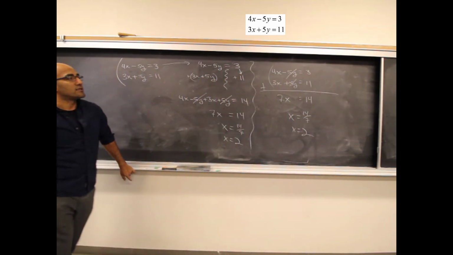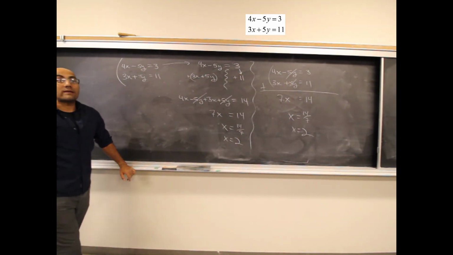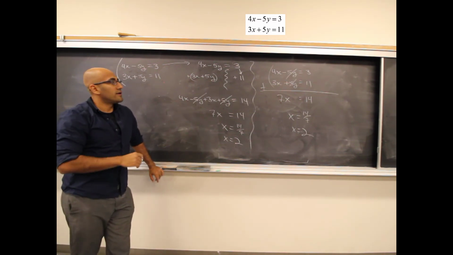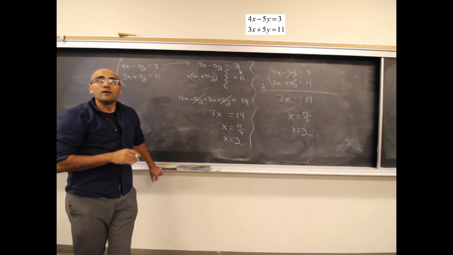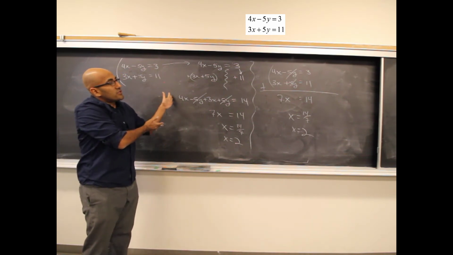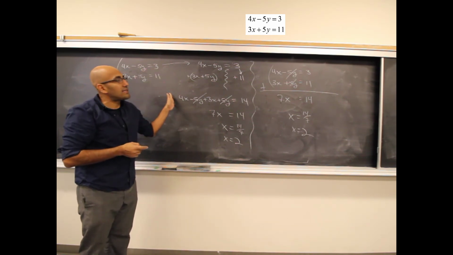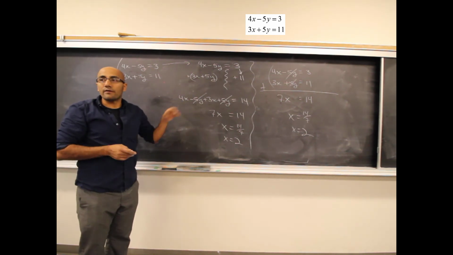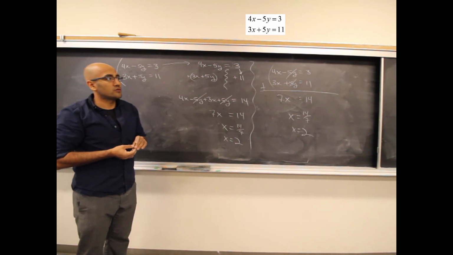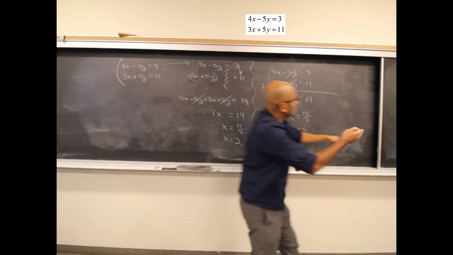Quick and dirty and easy. Which is one of the great benefits of the elimination method. It really allows you to go really quickly and get to your answer. It's not different than this. It's just a slightly faster notation that really encompasses this idea over here. Good? Questions? So we get the same answer, and same thing over here.